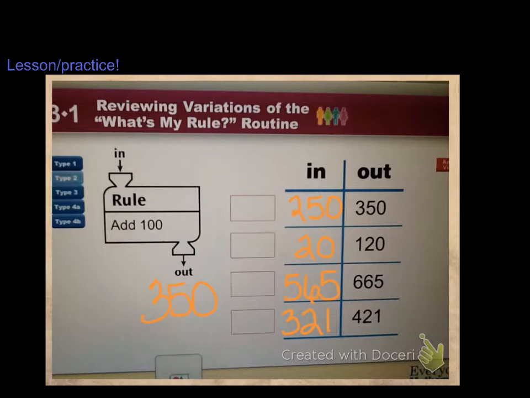So in essence, we're working our way backwards, and we are subtracting 100 even though the rule is add 100. So the way we check that is if I had put 250 up here and then I add 100 to 250, I get 350.